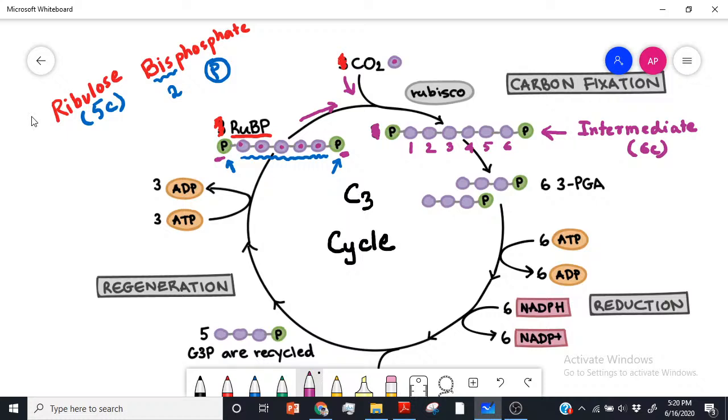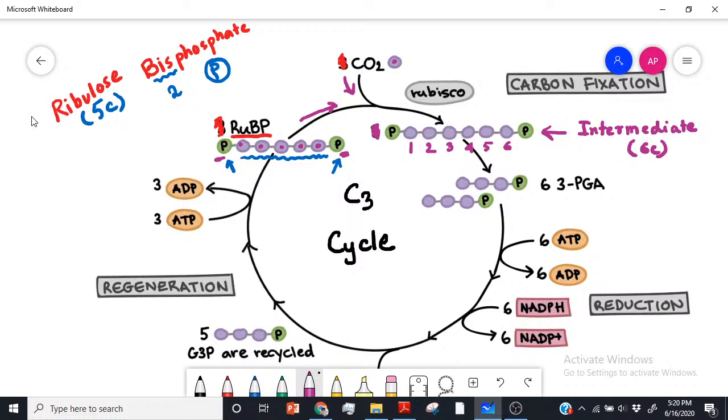So it's very much evident we had a 5 carbon containing compound, that was RUBP, and along with that we combined one molecule of carbon dioxide, which contains 1 carbon atom, and hence this 5 carbon plus 1 carbon makes up an intermediate with 6 carbons, and the phosphates of RUBP are kept intact, right?